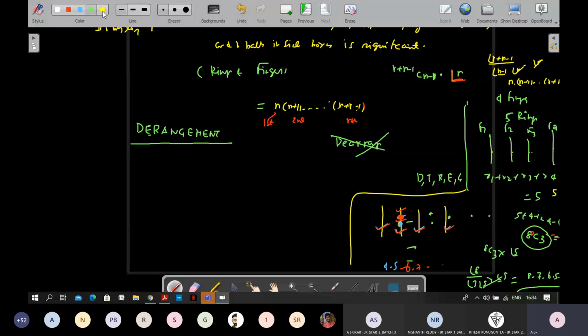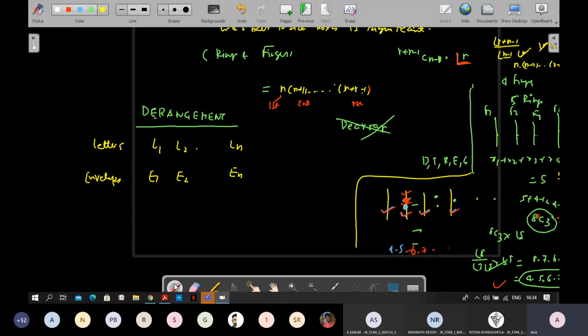The classic problem is this: suppose you have n letters, L1, L2, Ln, and corresponding envelopes, E1, E2, En. Take the case of 2 or 3. Now the question is how many ways it can happen such that no letter is in the correct envelope.